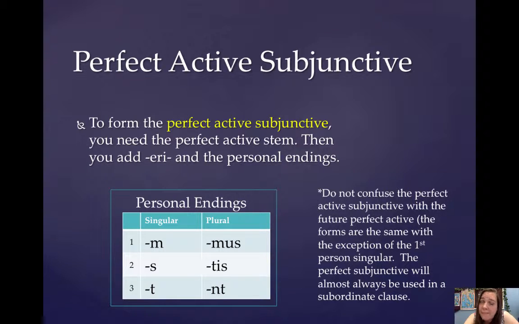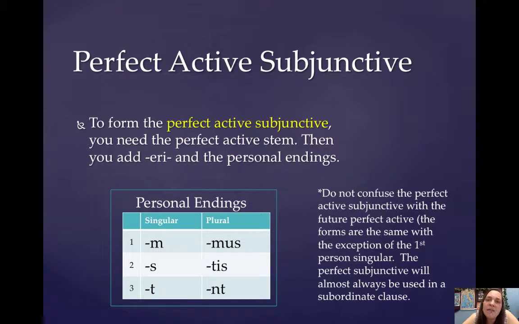So there's that. How are you going to tell the difference between the two? You know what? Actually, it's somewhat easy. It's not as difficult as you might think at first blush. The perfect subjunctive is pretty much only going to be used in subjunctive subordinate clauses.